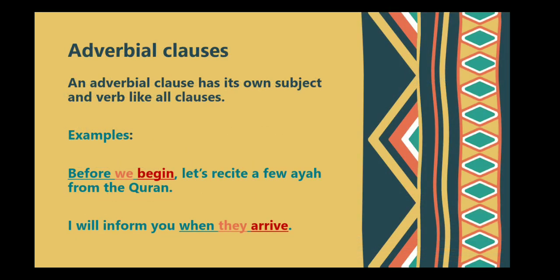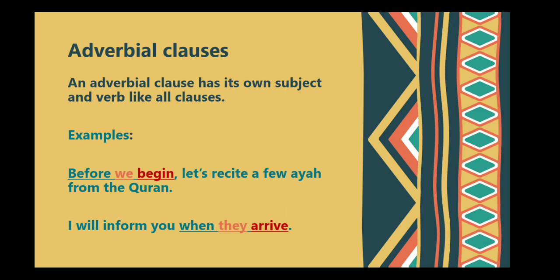Now, up till now, we have studied about adverbials and prepositional phrases as well, which behave like adverbials, like in the morning, beginning with a preposition. There can be adverbial clauses also. An adverbial clause has its own subject and verb, like all clauses. So before we begin, we is the subject and begin is the verb.